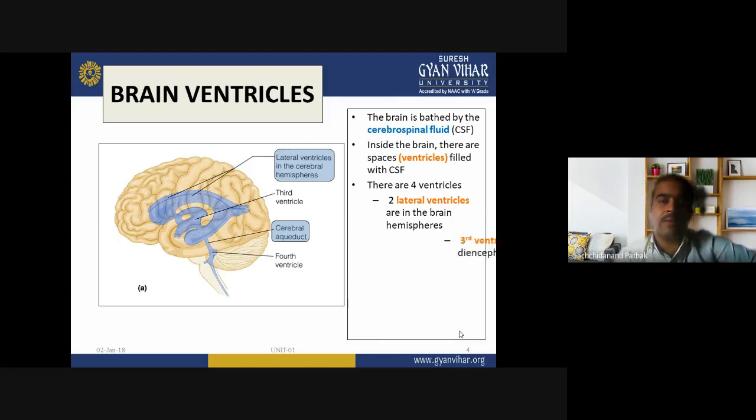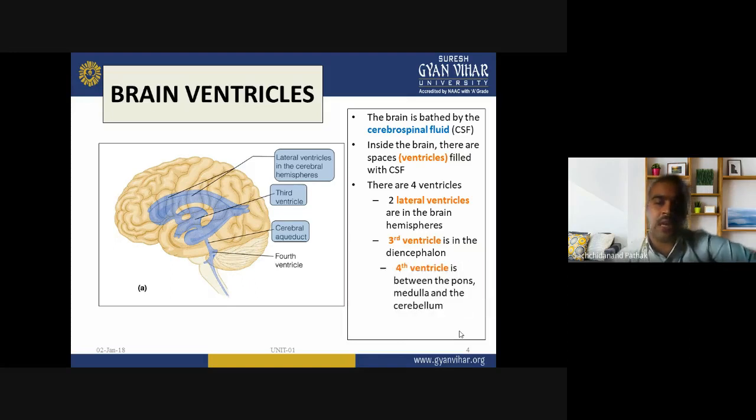Then the third ventricle is in the diencephalon area, and the last is the fourth ventricle, which is between the pons, medulla and the cerebellum. So the cerebrospinal fluid flows inside the brain structure through the ventricles. The lateral ventricles are in the brain hemispheres, the third ventricle in the diencephalon area, and the fourth ventricle between the pons and medulla and the cerebellum.